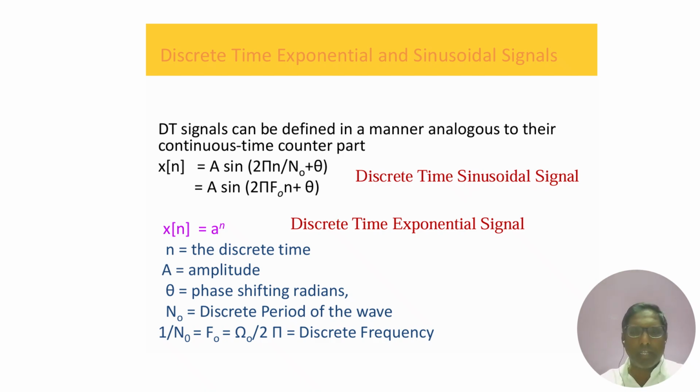In the same manner, we can write the discrete time exponential signal, x of n equal to A power n. This is called the exponential signal, where n is nothing but discrete time. Theta is the phase shift in radians. N naught is the discrete period of the wave, and 1 by N naught equal to f naught, that is the discrete frequency. And A is the amplitude.